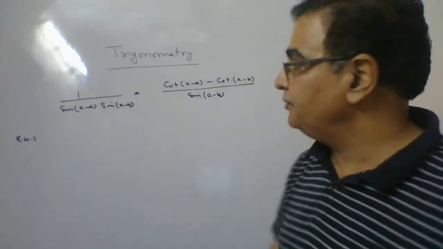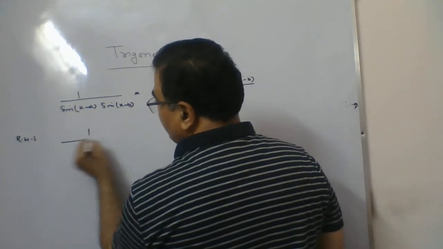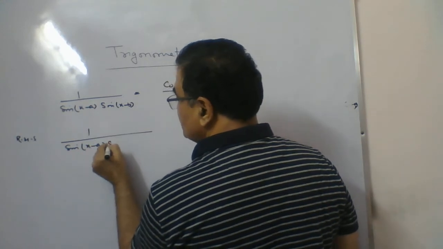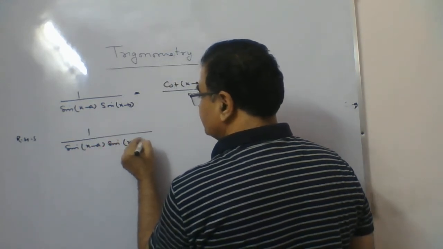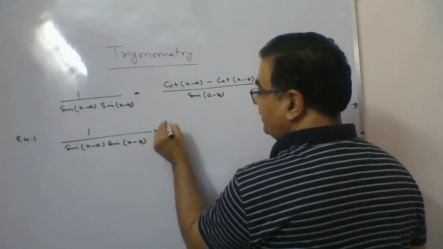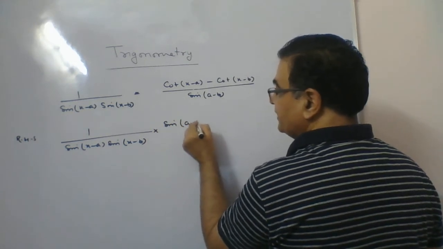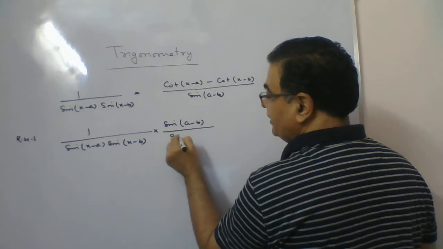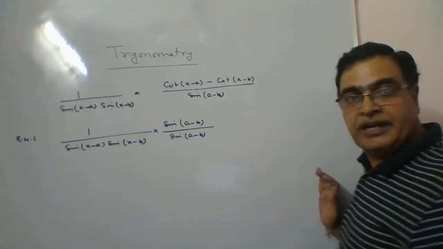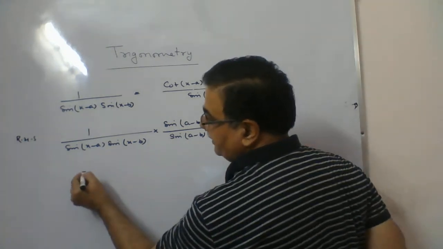When you start from this side, we'll start with 1 by sine of (x minus a) into sine of (x minus b). As I want sine (A minus B), I'll multiply this sine (A minus B) in the numerator and denominator. So nothing new we are doing. Something can be added, multiplied and subtracted.